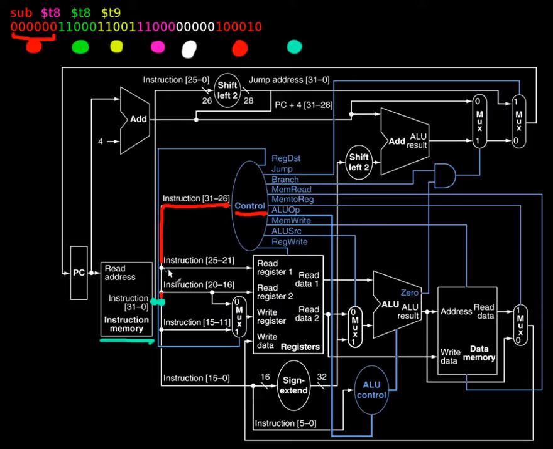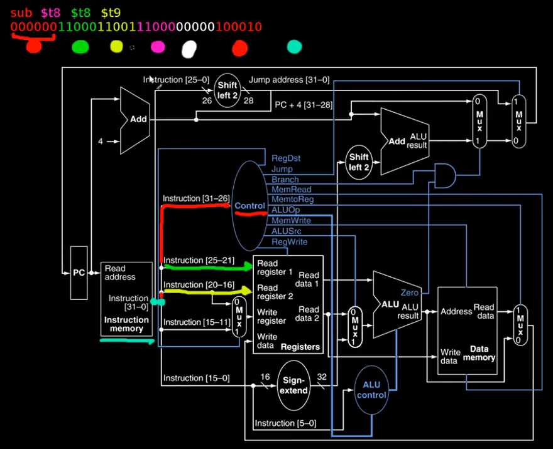This line right here, instruction, coming from the instruction memory, these are bits 25 through 21. That represents these green bits over here. That's the first register being read in the instruction. Likewise, bits 20 through 16 run here into register 2, the second register to be read.